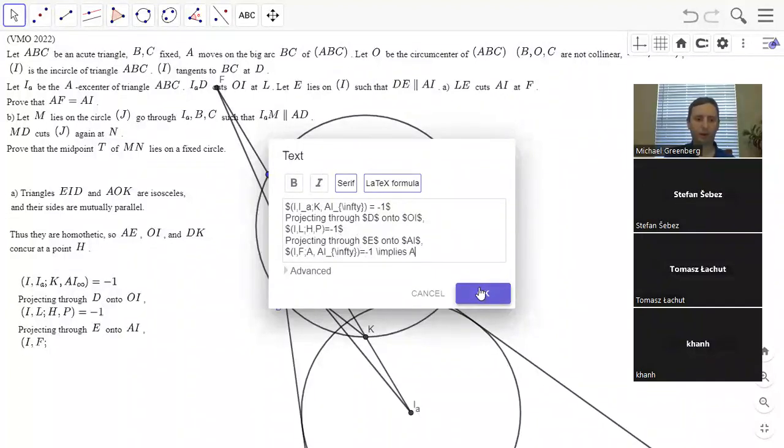And that means that AF equals AI. All right.